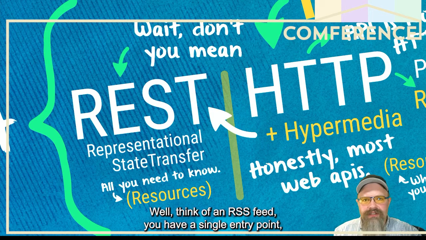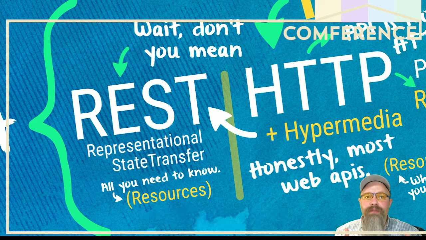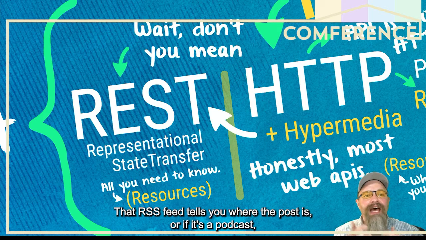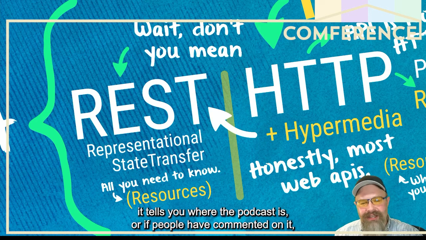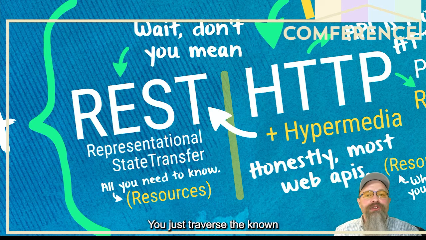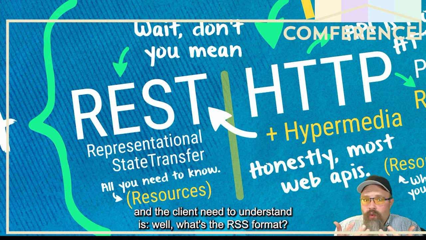Well, think of an RSS feed. You have a single entry point. You have the feed. And anything you need to do then, you do based on the response you get from that RSS feed. That RSS feed tells you where the post is. Or if it's a podcast, it tells you where the podcast is. Or if people have commented on it, it tells you where to find the comments. You just traverse the known document, the shared resource. That's the only thing that the server and the client need to understand: what's the RSS format?